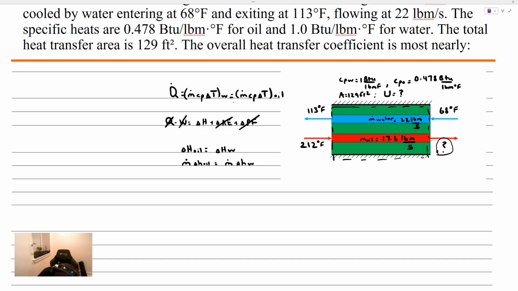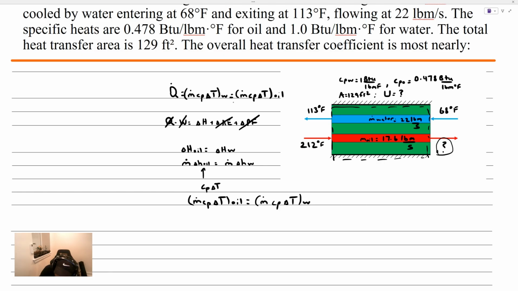The enthalpy change can be computed by a Cp delta T term. So if we substitute that in here, the mass flow rate times the Cp times the delta T of the oil is the same thing as that of the water. Okay, so this is where it comes from in the first law.